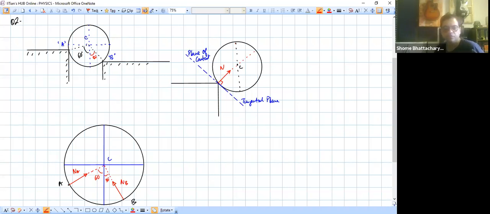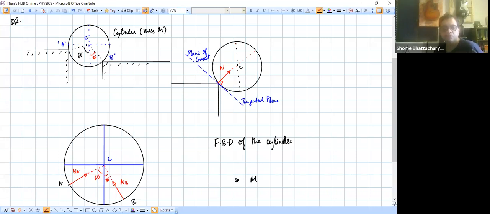So when we make the free body diagram, remember in the free body diagram, we don't need to represent the cylinder with its proper shape and all that. We just need to show it like a particle. Its mass is m. So we just need to represent its mass with a point mass like this.